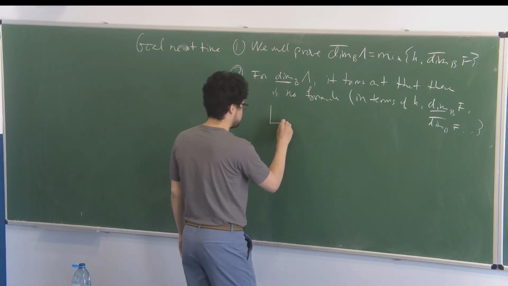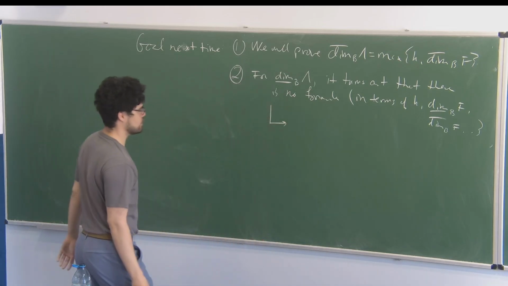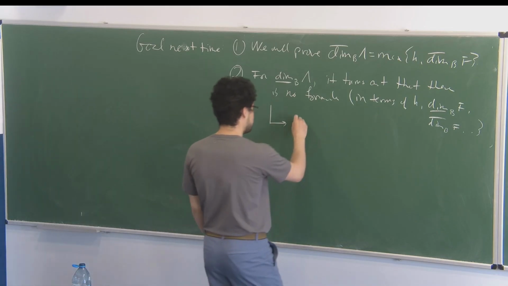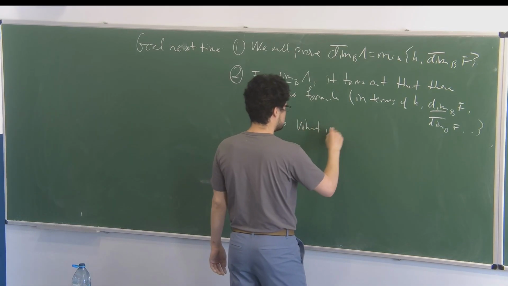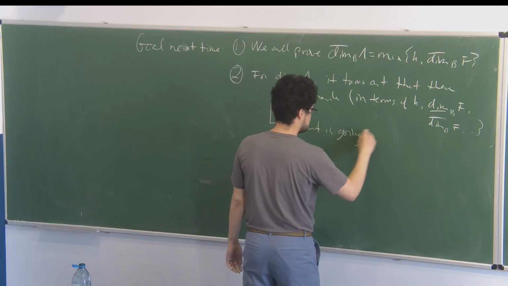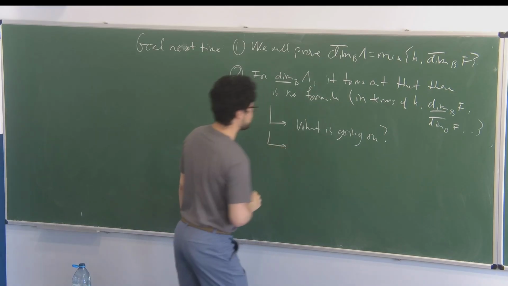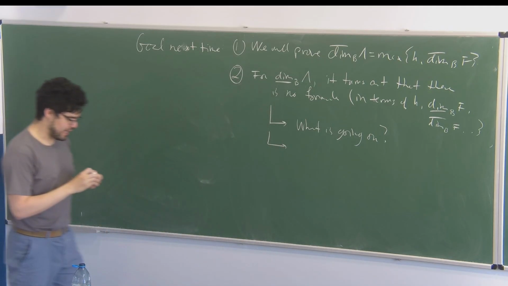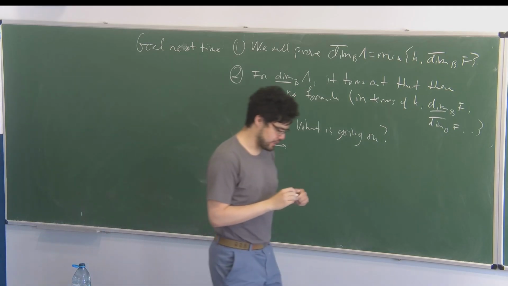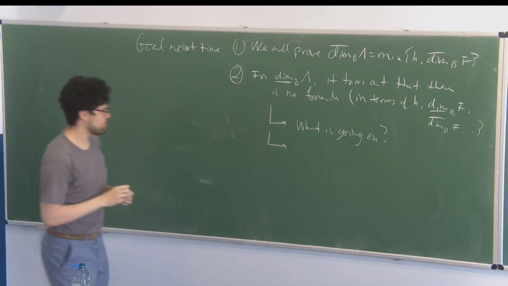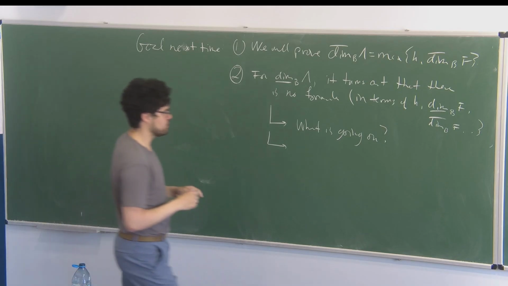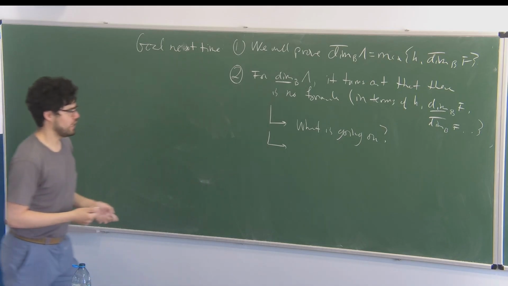So the goals are essentially the following. The first goal is to understand what is going on. But it's a bit too general. It turns out that instead of trying to understand the lower box dimension, it's more meaningful to ask a harder question, and we'll be able to say something.